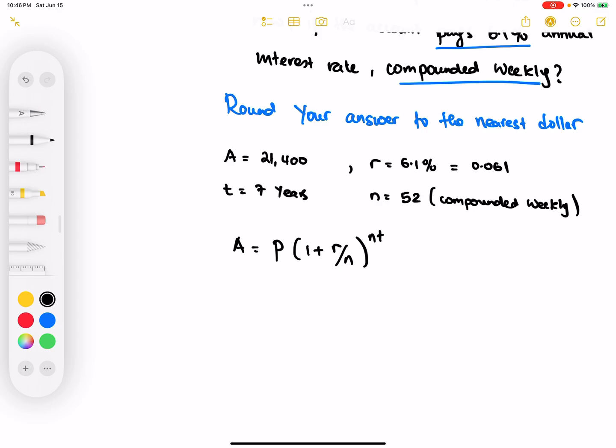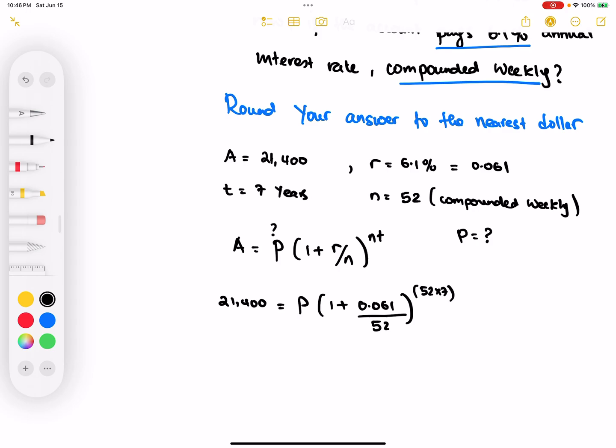The unknown in this case is the principal, so the P is unknown. Now let's substitute. A is 21,400. So P is our goal. 1 plus r is 0.061 divided by 52. And on top, 52 times 7.